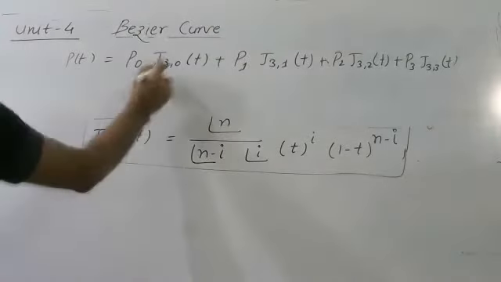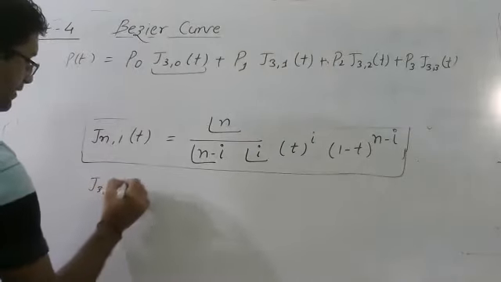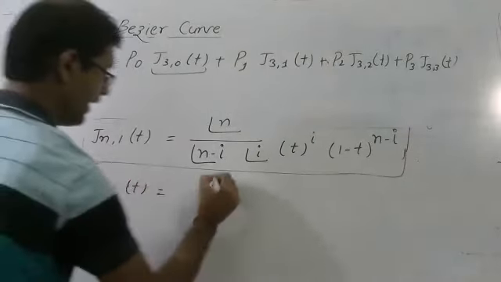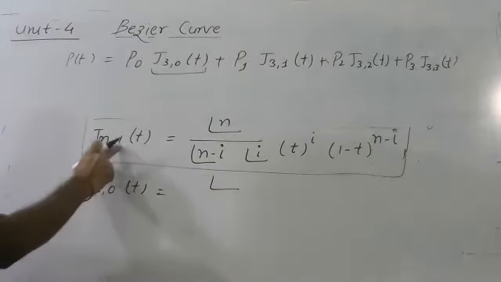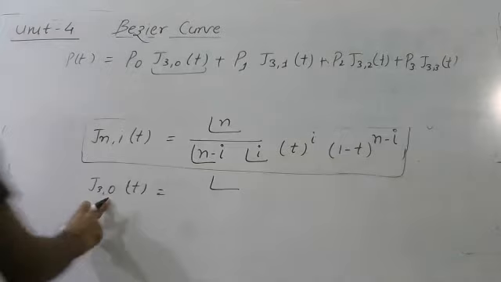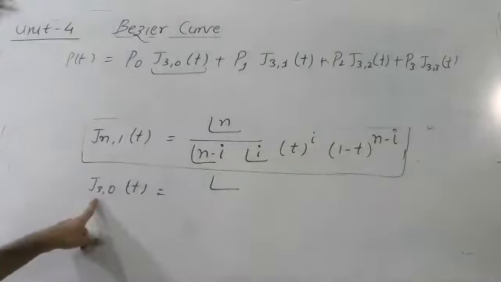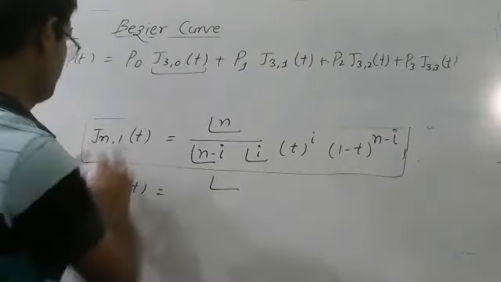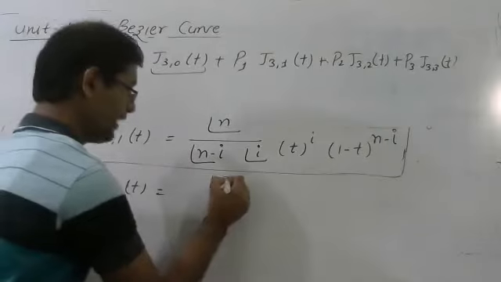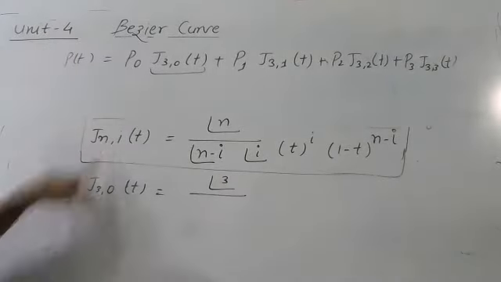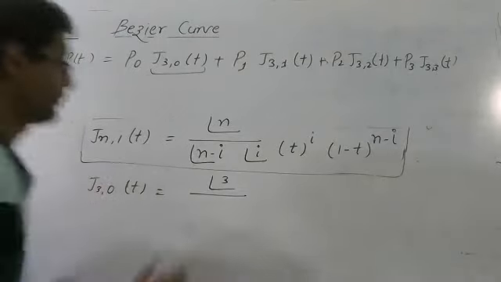Now, if I want to calculate J3,0(t), here in place of n there is 3, in place of i it is 0, so I need to put all the values of n and i in this particular equation so that I can get the value of J3,0(t). So factorial n, it means 3, here in place of n there is 3 and in place of i it is 0.